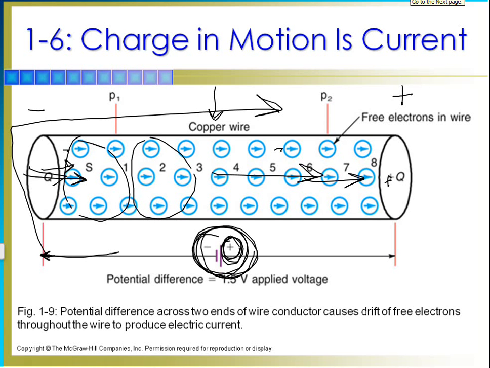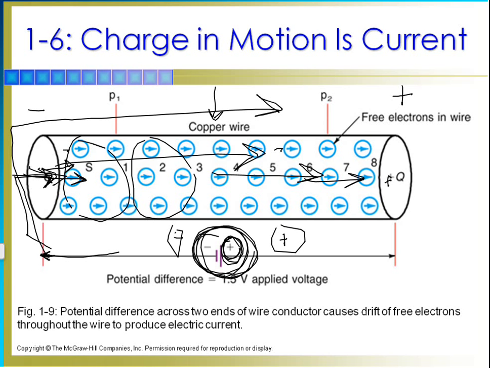So we have two charges, the negative and the positive, acting on a third charge, this piece of wire, where the electrons aren't going anywhere until we influence them with these two charges. And we create current flow.